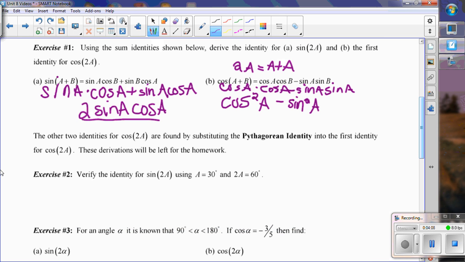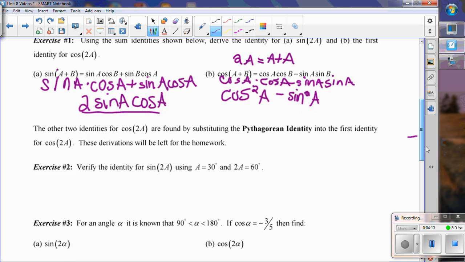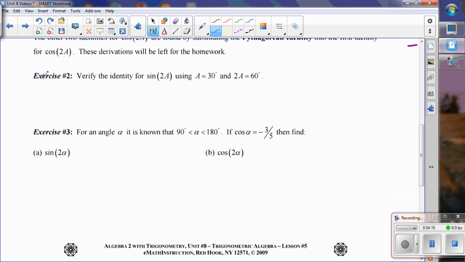The way we're going to verify this is that first, let me just give myself a little more space. First, we're going to think about what that identity is equal to: 2 sine A cosine A. We know that the sine of 30 degrees is 1/2.